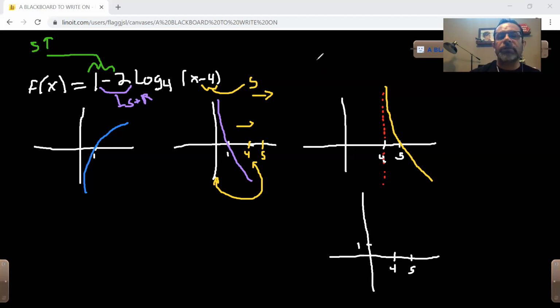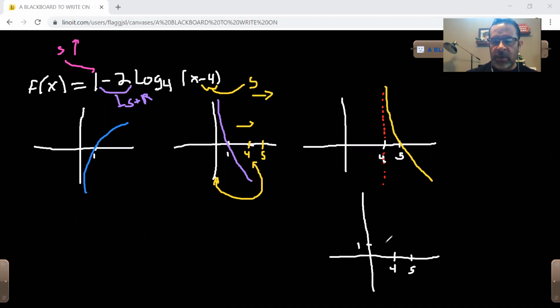And so now the graph is going to cross. I'm actually going to use another color, by the way, because I don't want to use green here. Let's do pink. So this 1 here is going to be a vertical shift.